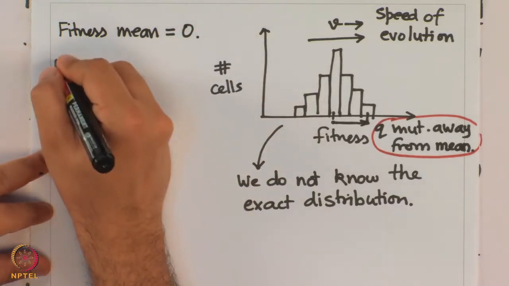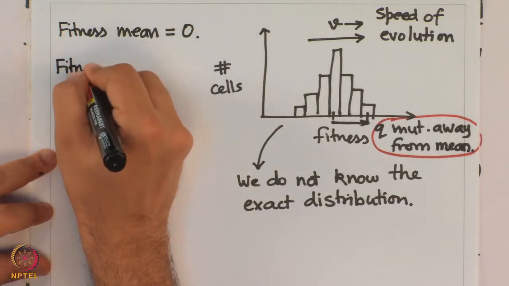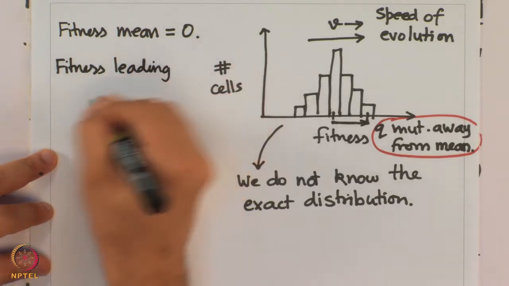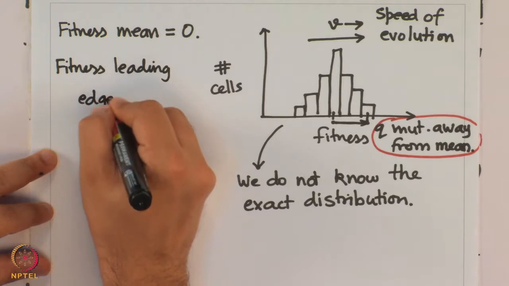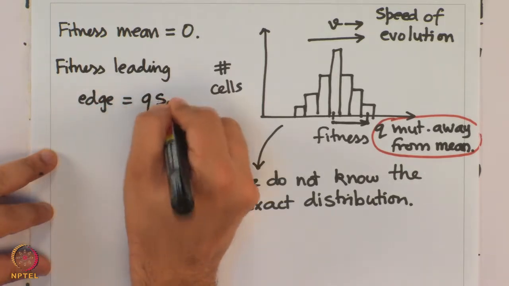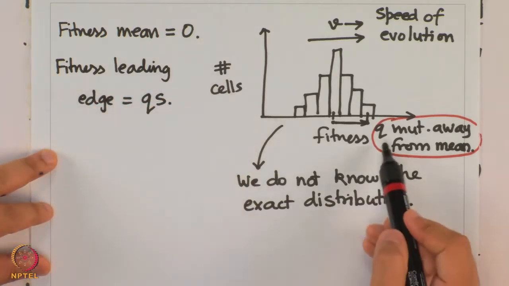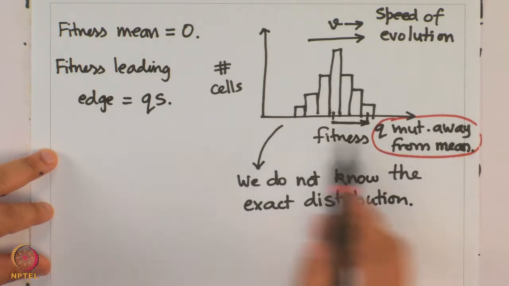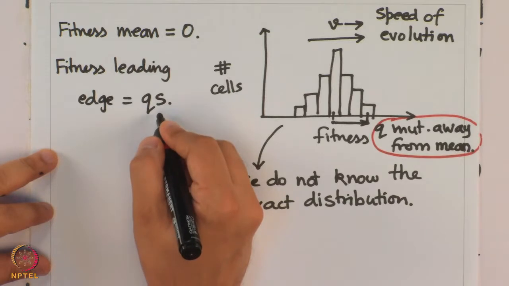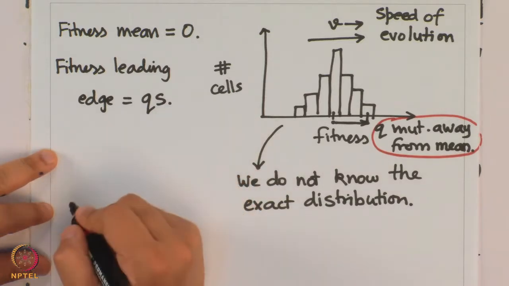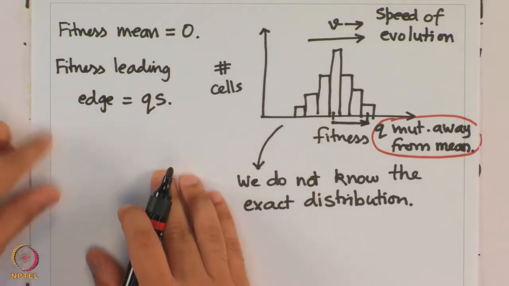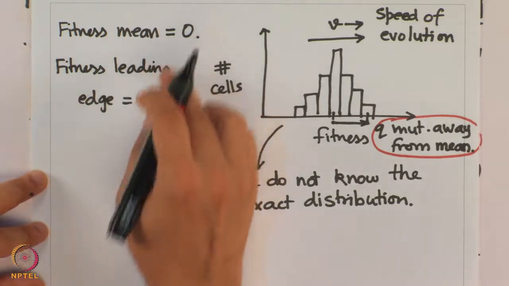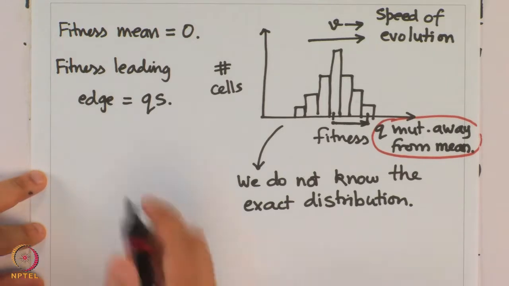That means the fitness associated with the leading edge is equal to q times s, because the leading edge is q mutations away from the mean, and each beneficial mutation confers a fitness advantage s to that particular individual. This is one of our assumptions. Hence, the fitness of the leading edge is qs if the fitness of the mean is normalized to 0.